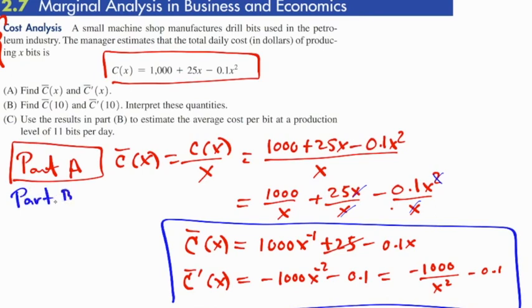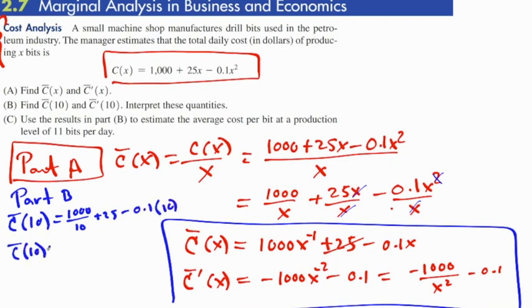Part B asks that we calculate some of these numbers with the functions we've generated. C bar of 10 is asking us to plug 10 into our average cost function. And when we do so, we have 1000 over 10 plus 25 minus 0.1 times 10.